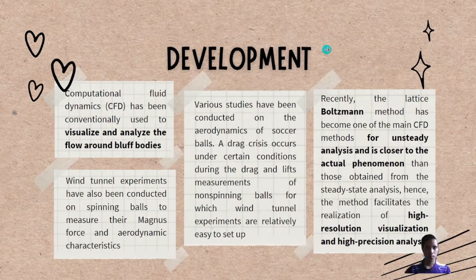I will explain the development of this application. Computational fluid dynamics has been conventionally used to visualize and analyze the flow around bluff bodies. That means the vortex structure is simulated. The main CFD method that this application uses is the lattice-Boltzmann method for unsteady analysis.